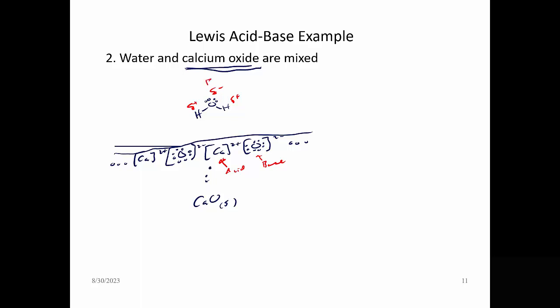Because oxygen in water, this is a base. This is our acid here. And when we think about acid-base reactions, the base attacks the acid. So which one would be a better base for attacking acid? The oxygen in water? Why is that?